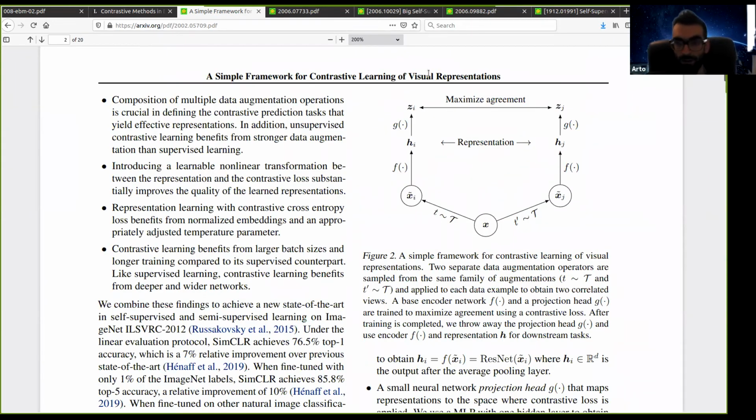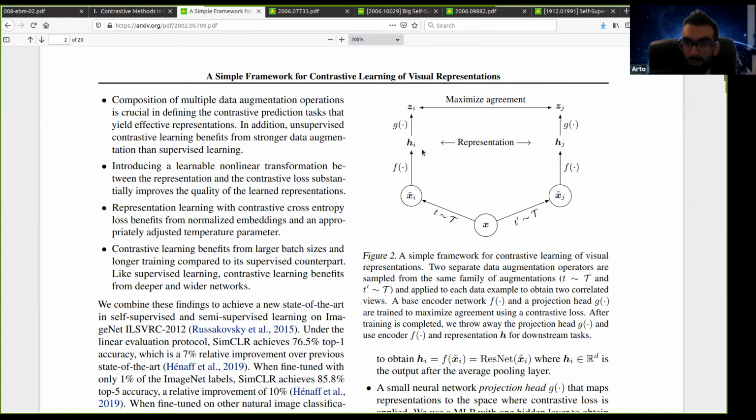Here on the right, you can see the block scheme of their model, right? So from the original data point, we produce 2 transformed versions. Then we compute. Here you can see that the encoder, this f function, is the same here, and then this g would be a projection.